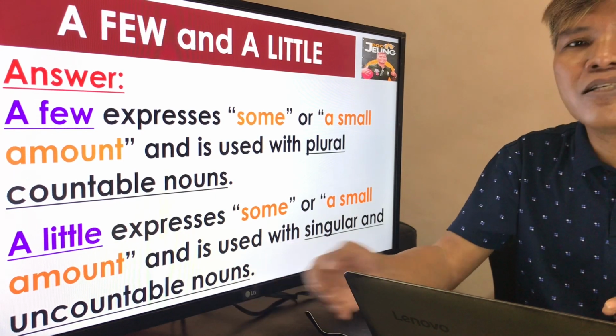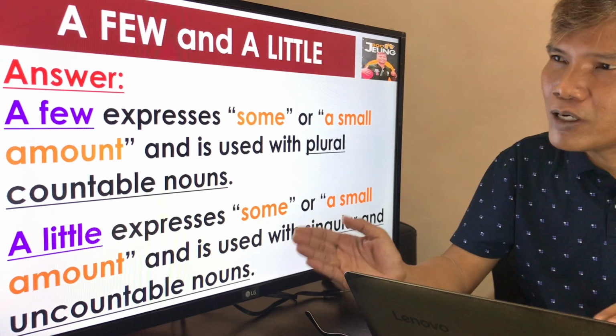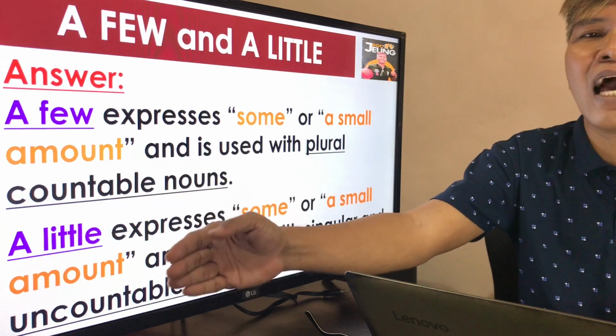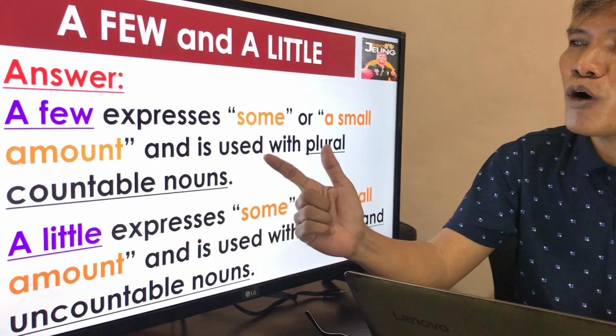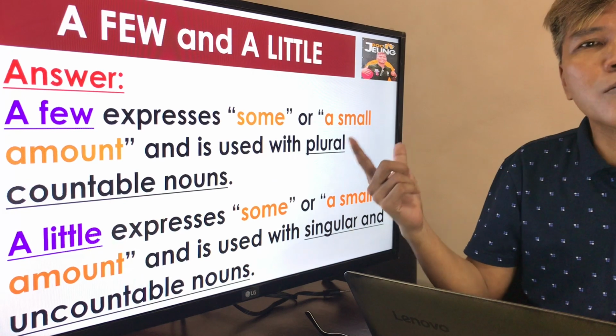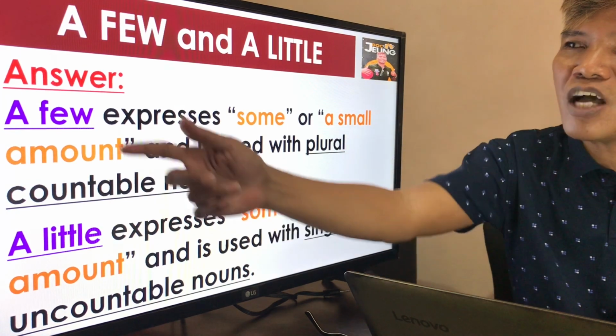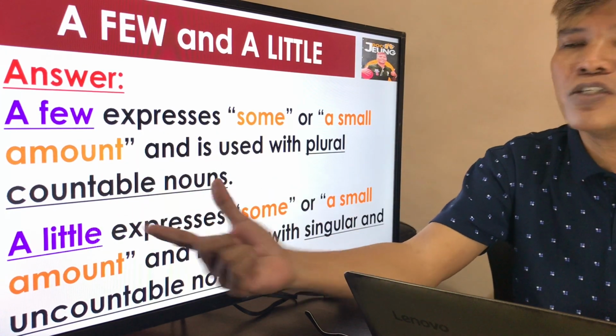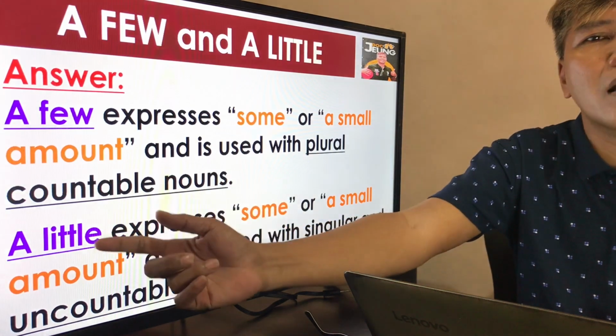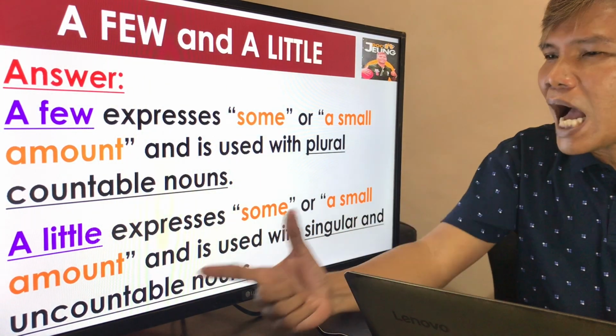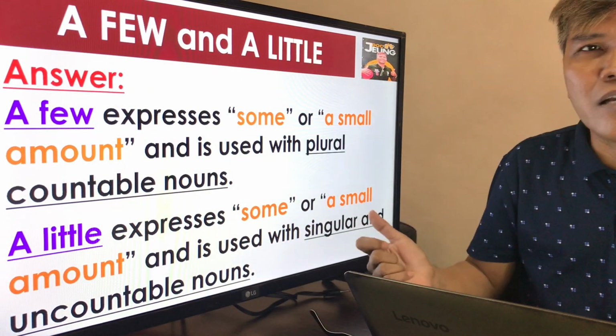Sometimes we call them mass nouns. Remember again, both of them mean some or a small amount, but you will use a few for countable nouns plural and a little for uncountable nouns singular.